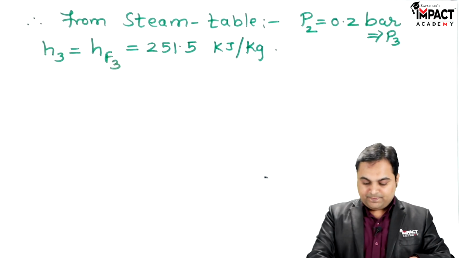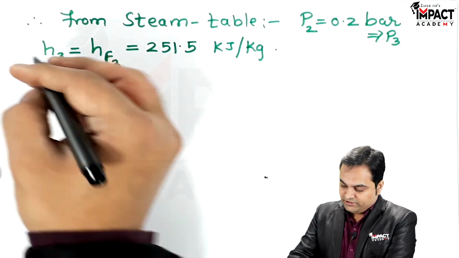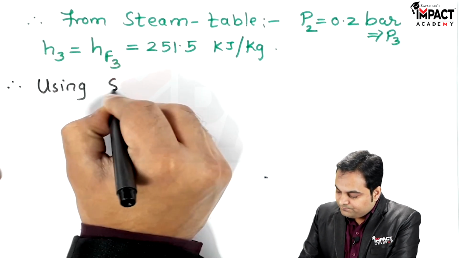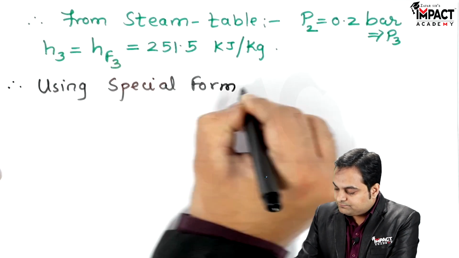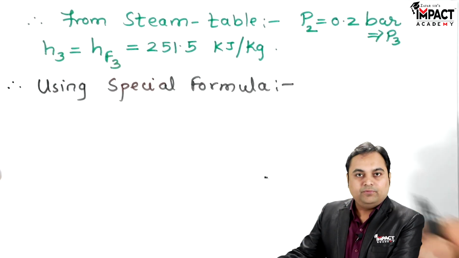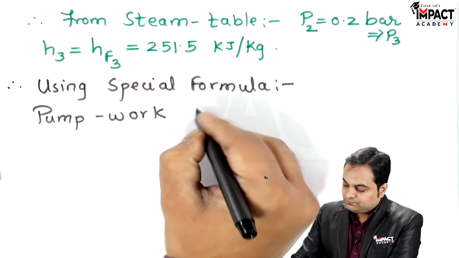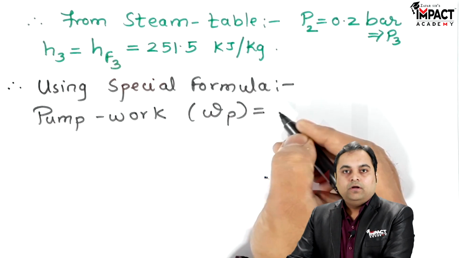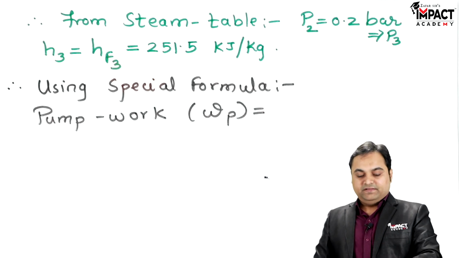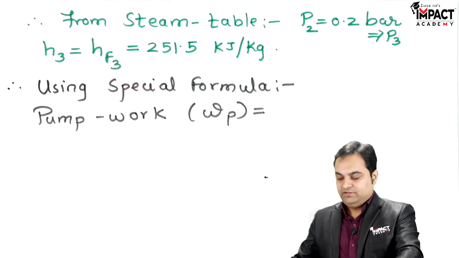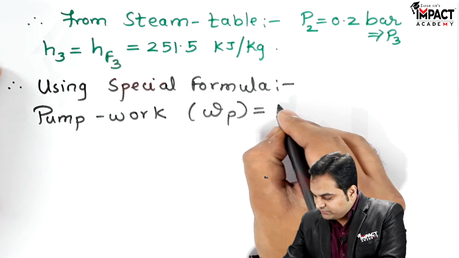Then after getting H3, to calculate H4 I am going to use that special formula which I had mentioned, the special formula of the pump work. Now the pump is operating between the enthalpies H3 and H4. So it would be H4 minus H3, the higher value minus the lower value.